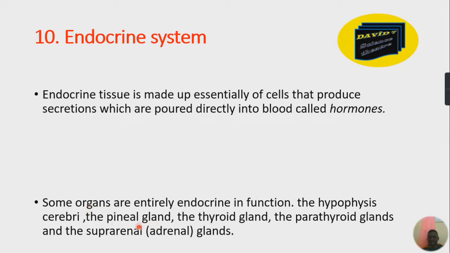The pineal gland is important in the formation of melatonin. Then we have the parathyroid gland, which secretes parathormone, and the suprarenal glands, which secrete a lot of hormones from either the medulla or the cortex. Those are around 7 or more hormones.